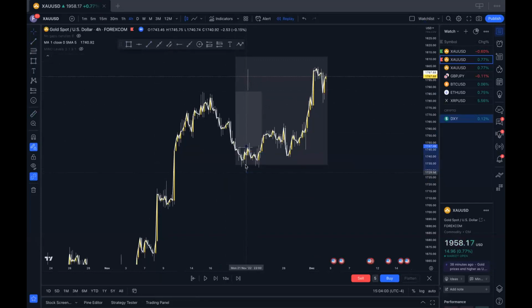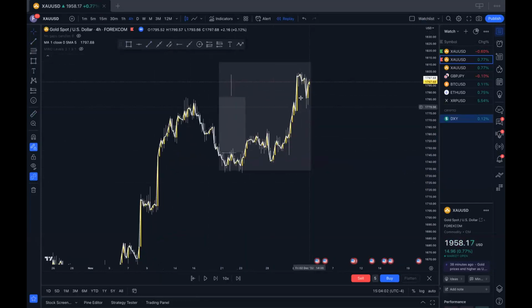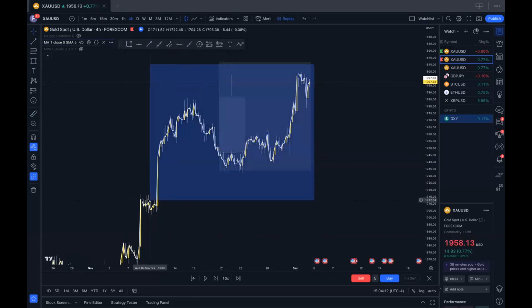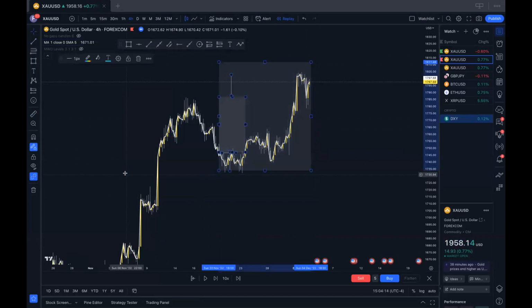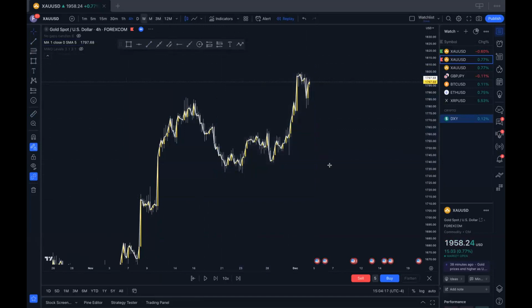That's pretty much it. It closed here. This is the wick.